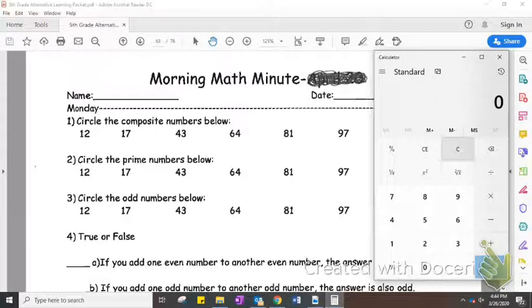It's not divisible by 6 because it wasn't divisible by 2. 17 divided by 7. We can actually try that with the calculator. Does not work. 17 is not divisible by 7. 17 divided by 8. It's not divisible because 17 isn't divisible by 2. So it's not going to be divisible by any multiples of 2, like 2, 4, 6, or 8.